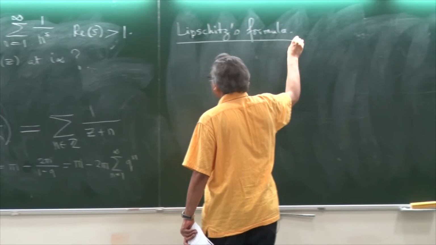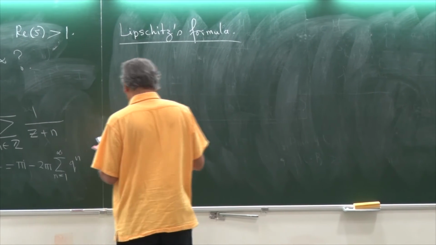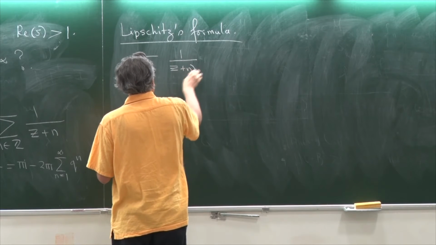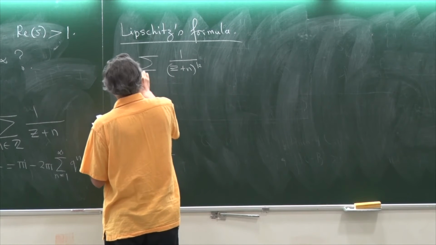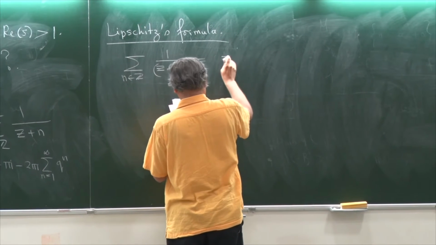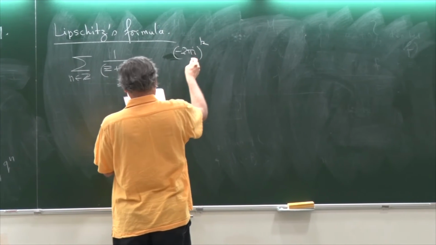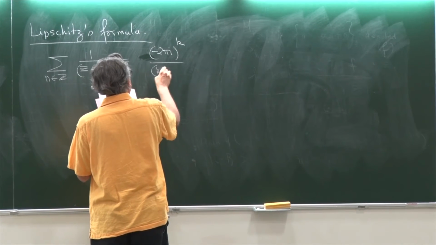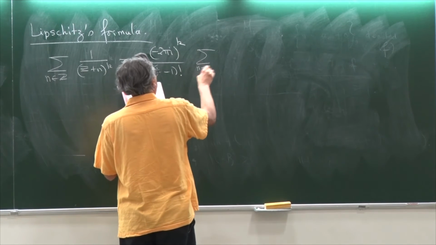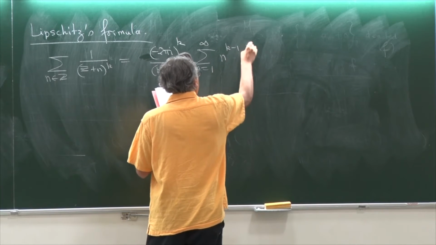So if I take the kth derivative of this, I'm going to get 1 over (z plus n) to the k. So we have the summation of 1 over (z plus n) to the power k, n in Z, is equal to minus 2 pi i to the k over (k minus 1) factorial, summation n going from 1 to infinity, n to the k minus 1, q to the n.